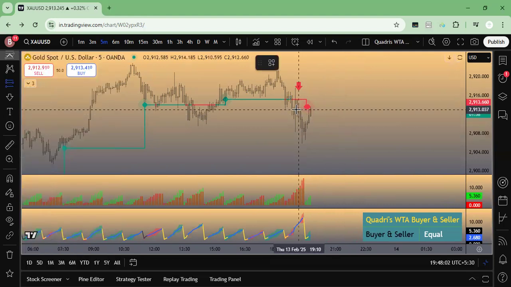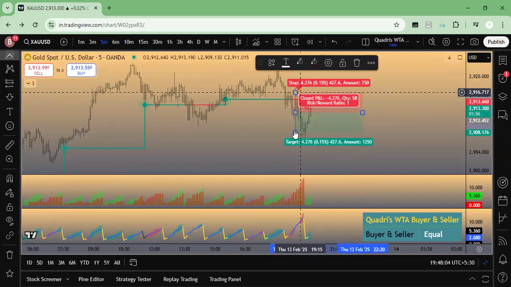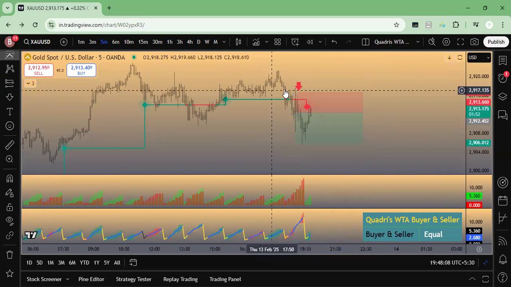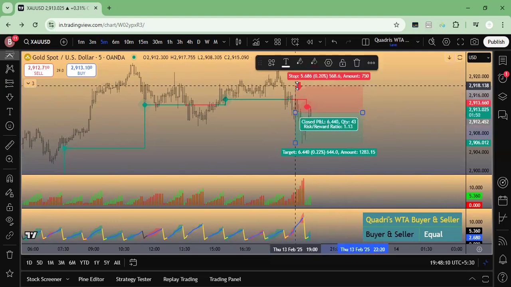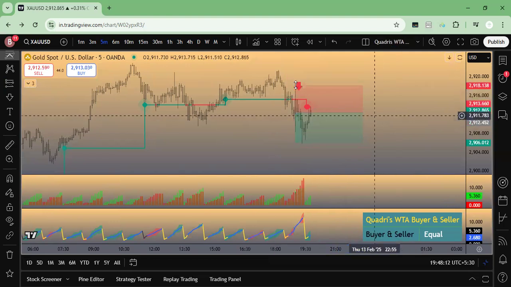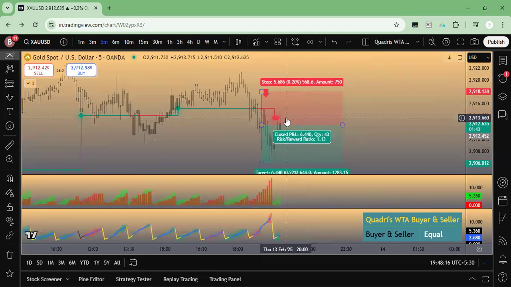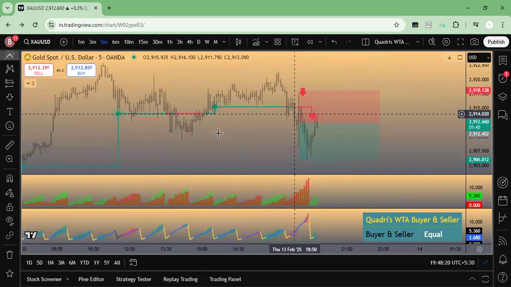If we get a shorting at this particular point, what is the risk to reward? It is given as 1 to 1.5 approximately, or 1 to 1 approximately. So again, it depends upon people trading in gold whether they want to go for this kind of trade or not. But it happens, and it gives us an opportunity.